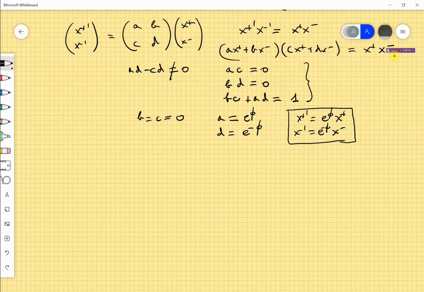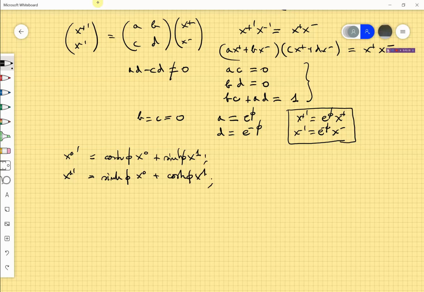So x plus prime will be 1 over square root of 2 times (x0 prime plus x1 prime) and so on, and you just operate, and what you find is that, in terms of this parameter phi, x0 prime is the hyperbolic cosine of phi times x0 plus the hyperbolic sine of phi times x1, and x1 prime is the hyperbolic sine of phi times x0 plus the hyperbolic cosine of phi times x1.